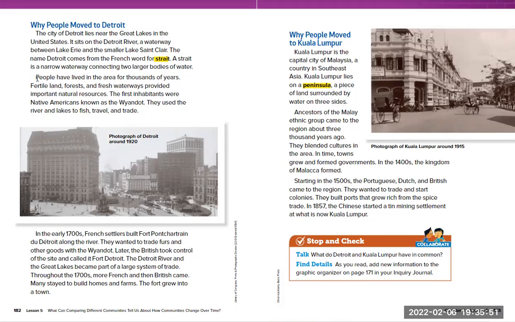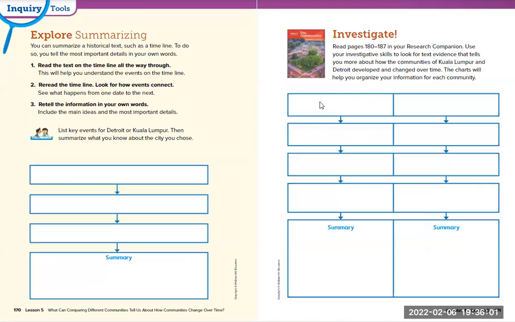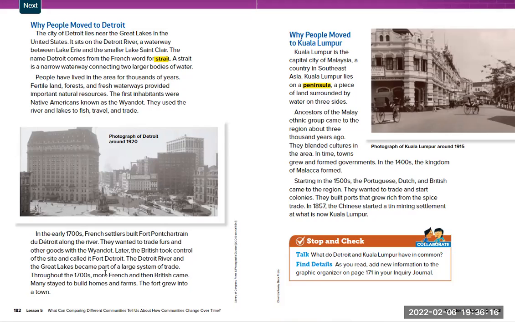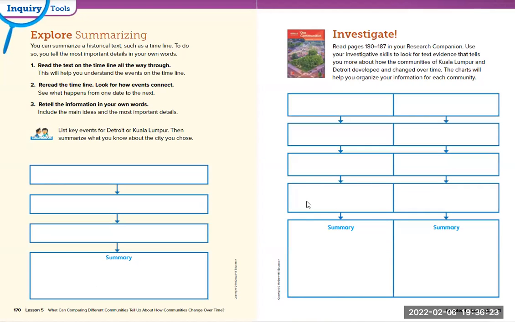And maybe before that, I would put that Native Americans have lived there and that the Wyandot have lived there for thousands of years before the French came. So first about the Wyandot, second about the French settlers, third about why Detroit has its name. And then the last thing that I would put would probably be how the British took control of the site and later named it Fort Detroit. So that would probably be the last bit of information that I would put there.